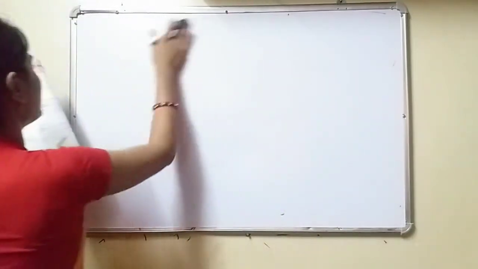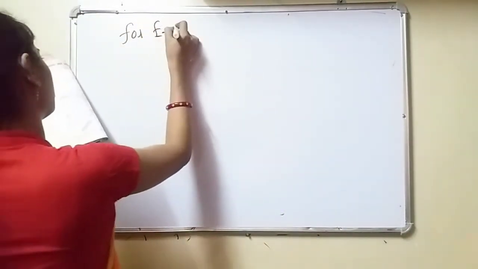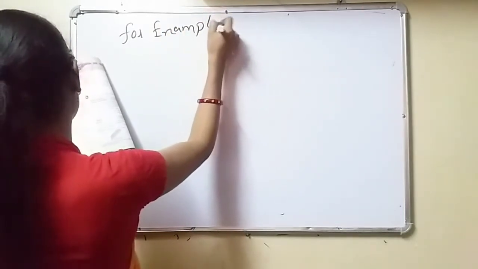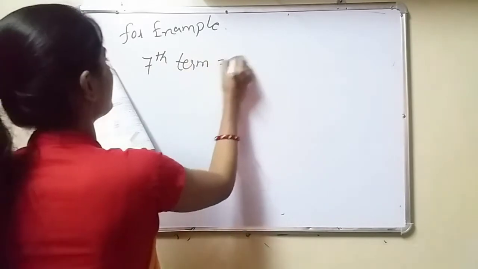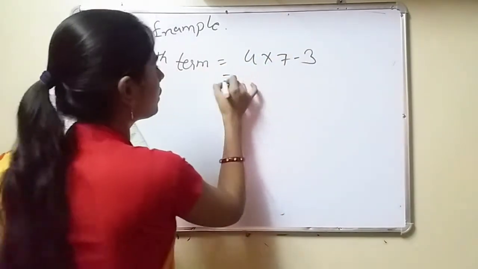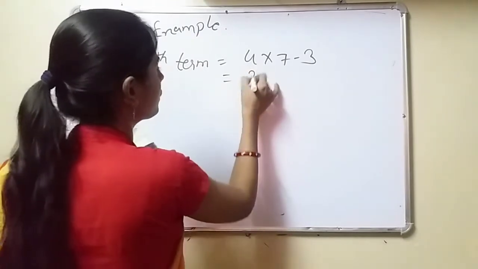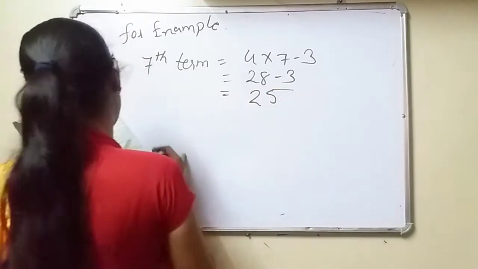For example, for the 7th term, you have to find the 7th term of any number. It means 4 into 7 minus 3. 4 into 7 means 28 minus 3. So what is the 7th term? That is 25.